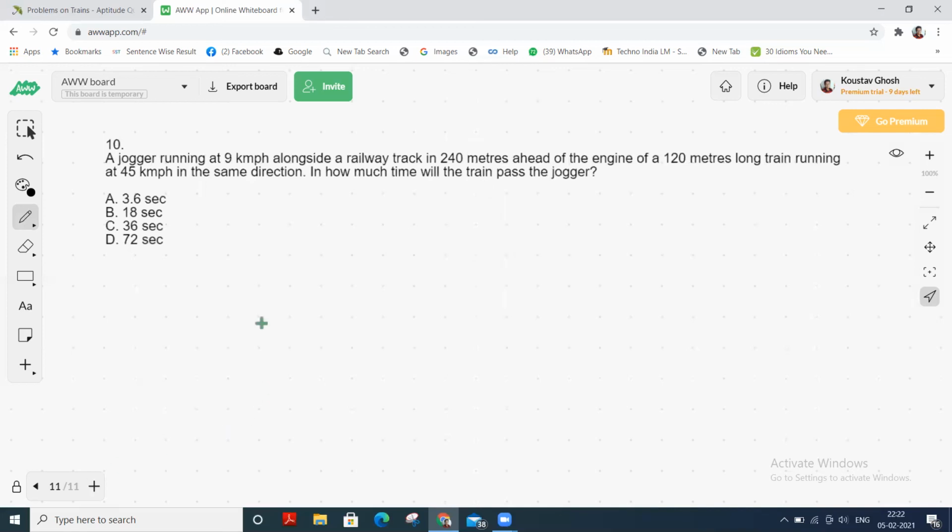Now the next question, and the last question for this video. A jogger running at 9 km per hour alongside a railway track is 240 meters ahead of the engine of a 120 meters long train running at 45 km per hour in the same direction. In how much time will the train pass the jogger?